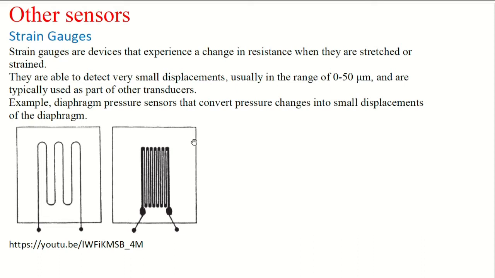You find them in kitchen weighing systems and in human weight scales, and as always you must have a Wheatstone bridge, an op-amp amplifier, etc. A differential amplifier.